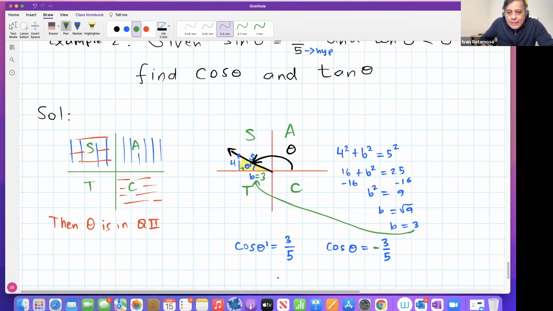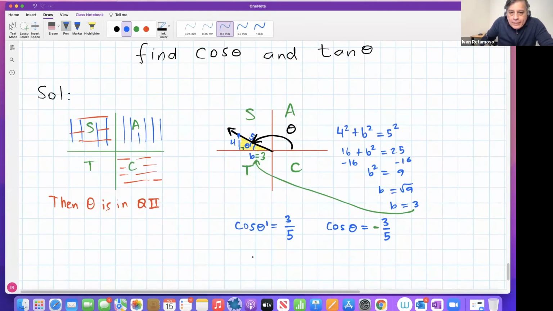Excellent. Now, the other one. They want tangent also. You start by computing tangent of your reference angle, which is opposite 4 over adjacent 3. And then the tangent of the actual angle, the one on the second quadrant, will have the same value, 4/3.